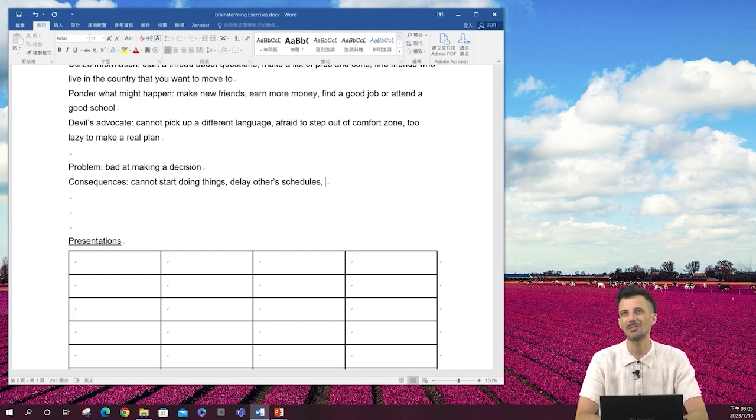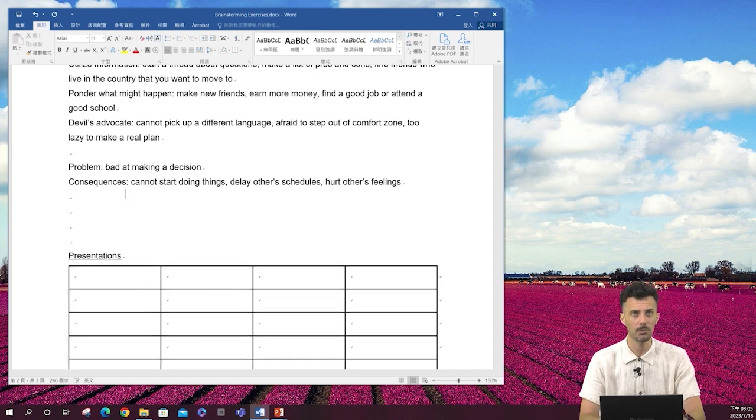Or regarding your decisions, maybe like you never make a decision. Instead, if you don't make a decision, maybe you hurt others' feelings. Let's say regretting your decisions is always going to be something that everyone does if something bad happens. Hurt others' feelings, maybe. I would say if you regret your decision, you might be hurting others' feelings as well as your own.